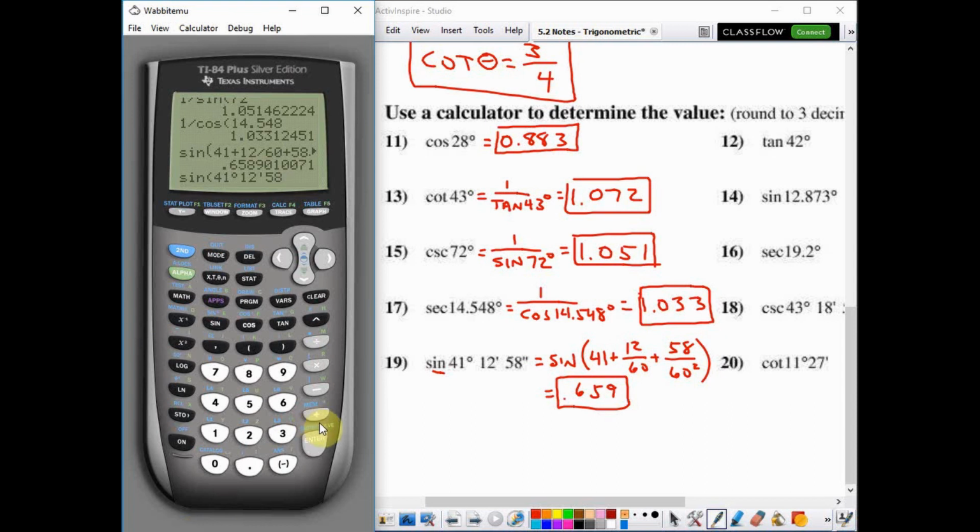Here at plus, there's a green and then 2 tick marks. I use alpha to get to that. So alpha plus gives me the 2 marks. So now I've got sine 41 degrees, 12 minutes, 58 seconds equals 0.659.